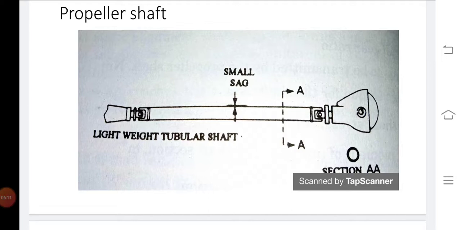The universal joint is supported by a center supported bearing, which is installed in the vehicle chassis frame.